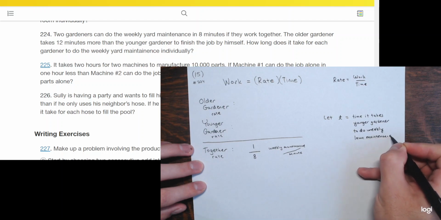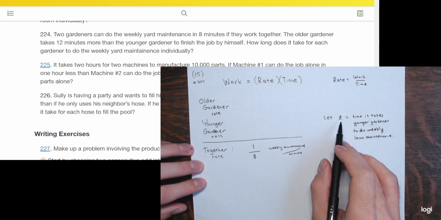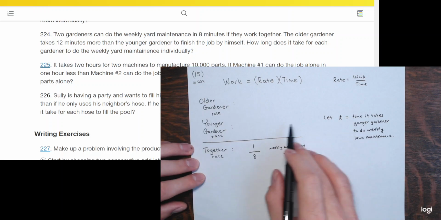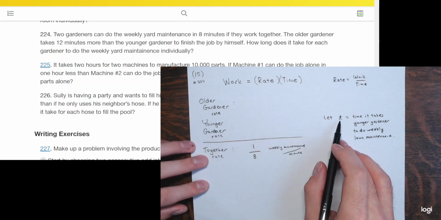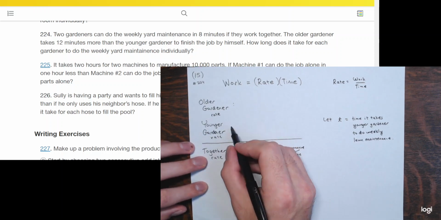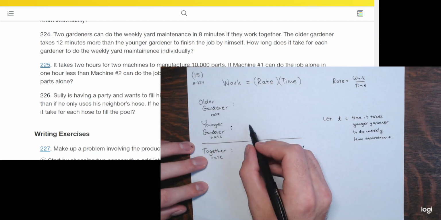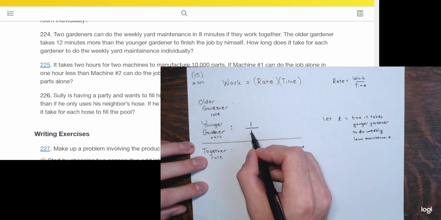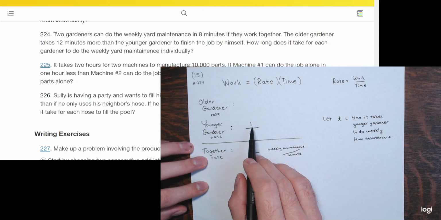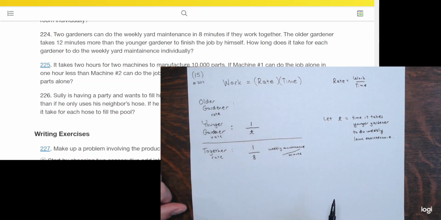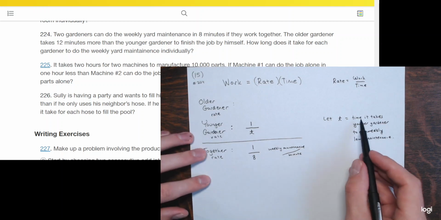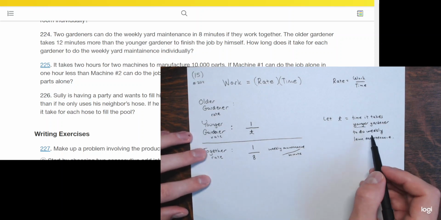So if it takes the younger gardener T minutes to do it, then the rate at which the younger gardener works is 1 over T weekly maintenance per minute. Hope that makes sense.